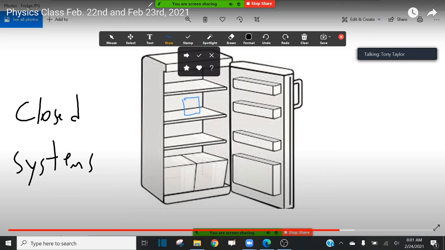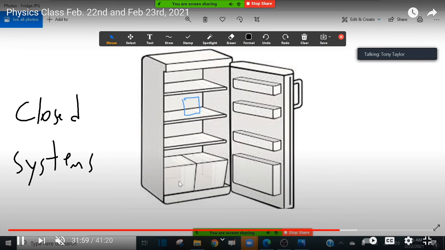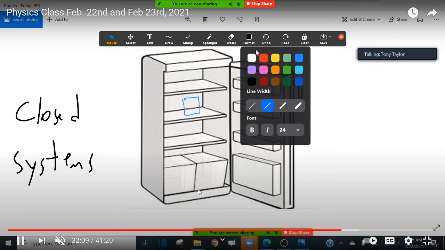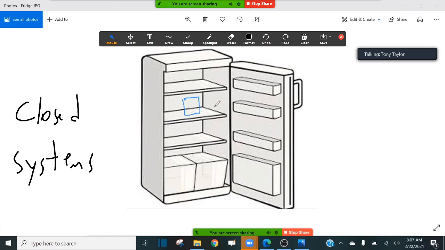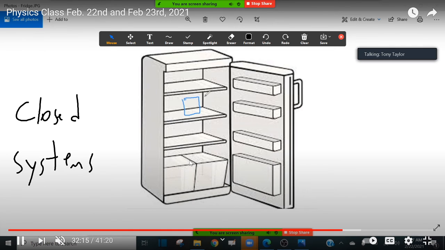In the case of the cup of water, we are not dealing with a closed system. Our cup of water is an open system. How do I know that? Because when you turn the freezer on, the freezer pulls energy out of the water. Because the freezer allows energy to come out of the water, you can guarantee that you are dealing with an open system.